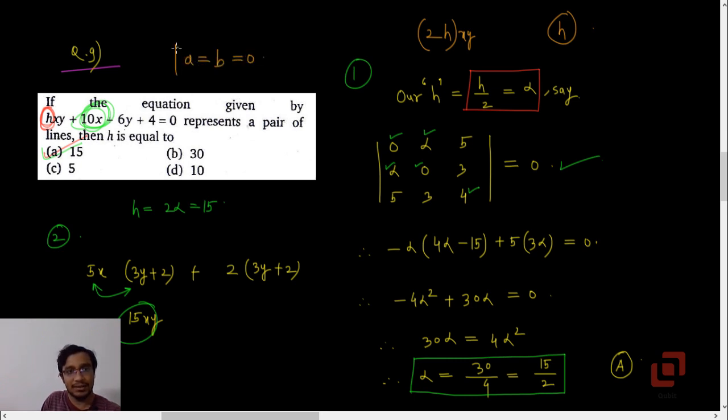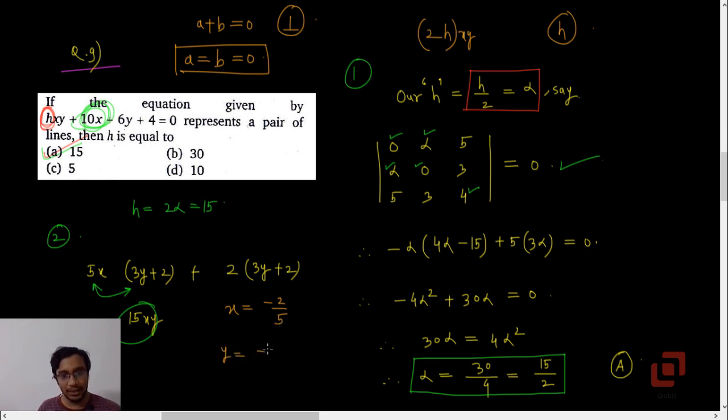Which definitely means that a plus b is equal to 0, which means the lines are perpendicular to each other. And you can see here the first line is going to be x equal to minus 2 by 5, so that will be parallel to the y-axis. The other line is going to be y equal to minus 2 by 3. So clearly these lines are parallel to the coordinate axes, hence perpendicular to each other.